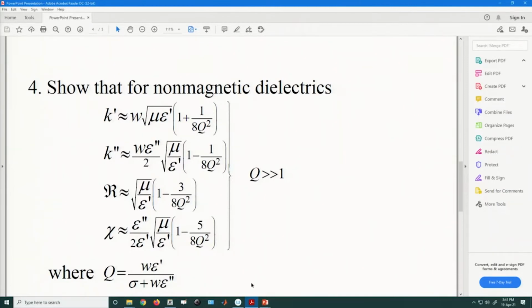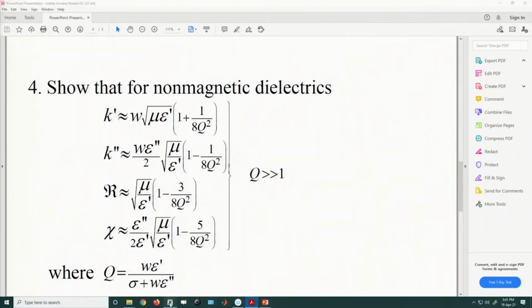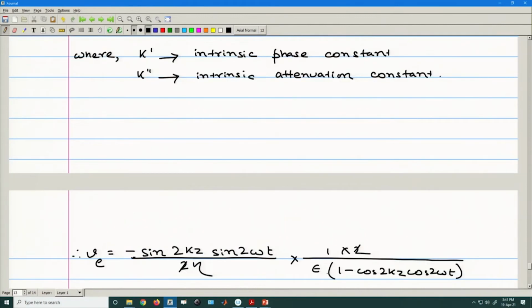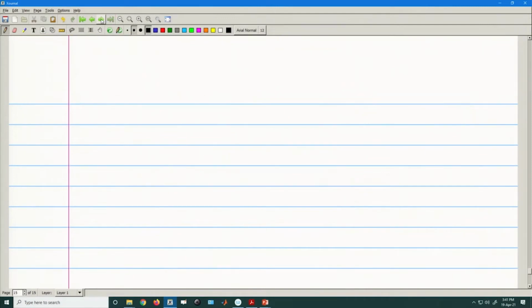and is given by q equals omega epsilon prime divided by sigma plus omega epsilon double prime. Okay. So, again we will start solving. It's given that quality factor is written as omega epsilon prime divided by sigma plus omega epsilon double prime. So, again we will start with z cap and y cap.